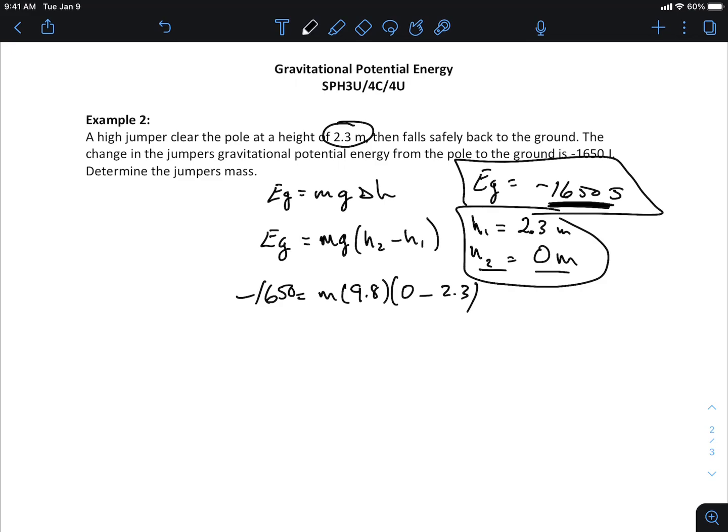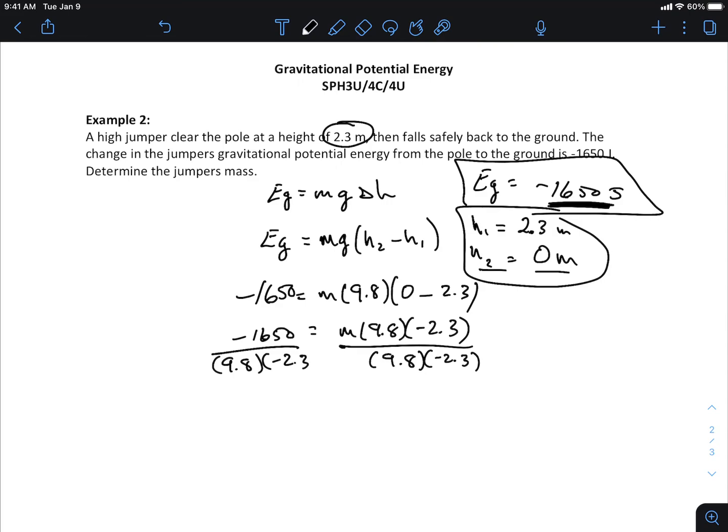You guys do the number on that, or you can just divide both sides by that.